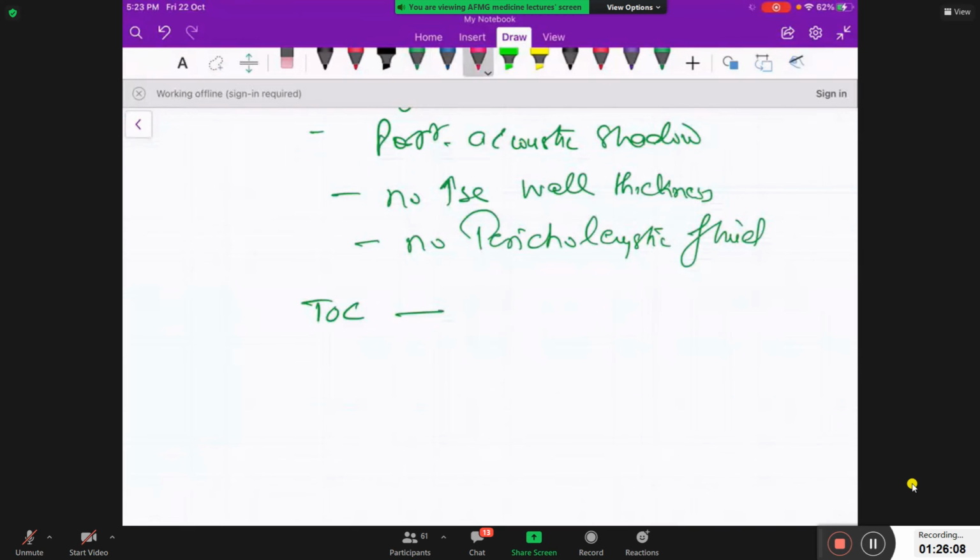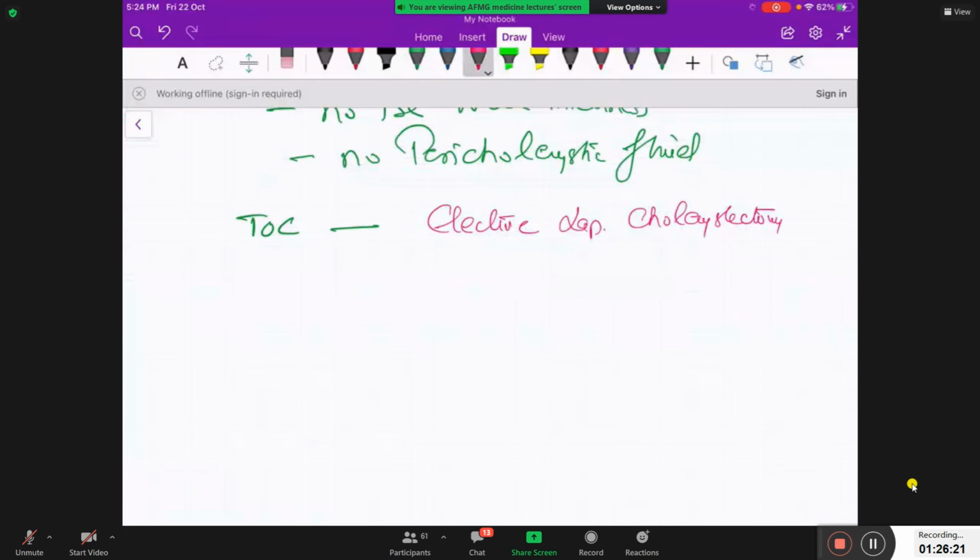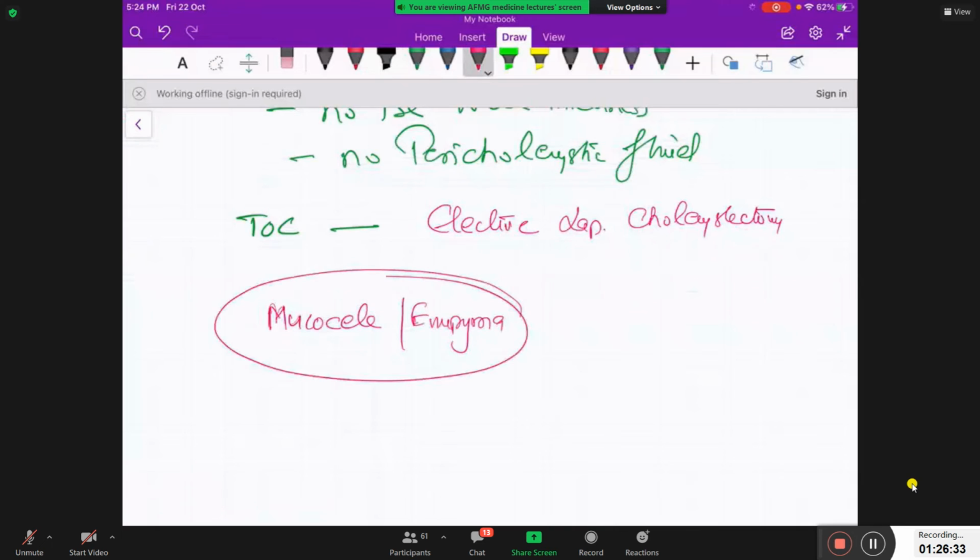Then the treatment of choice for chronic cholecystitis is elective laparoscopic cholecystectomy, and a patient of mucocele or empyema gallbladder will also present to us with features of chronic cholecystitis only, and the treatment of empyema or mucocele of gallbladder also is elective laparoscopic cholecystectomy, right?